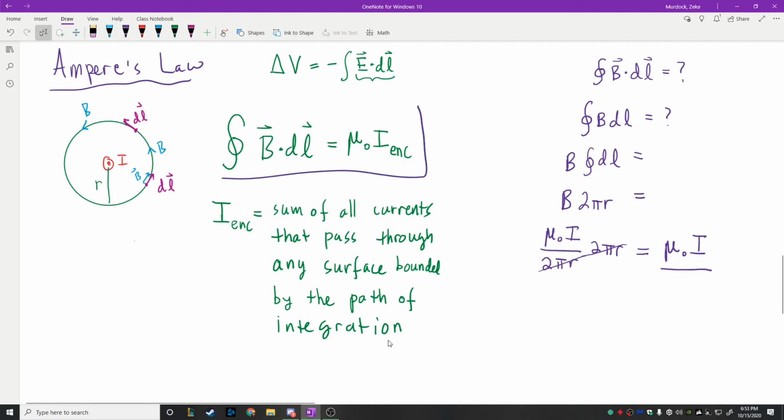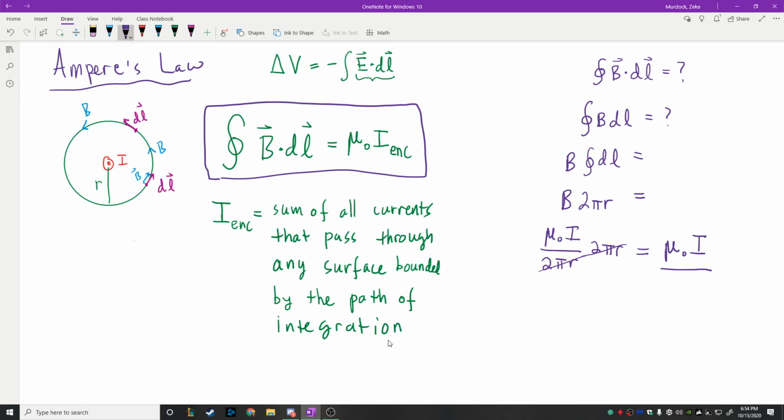And that is Ampere's law. The fact that it has the current enclosed, or the current passing through, is why I say it's kind of similar to Gauss's law.